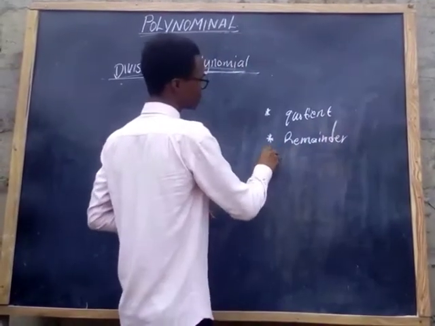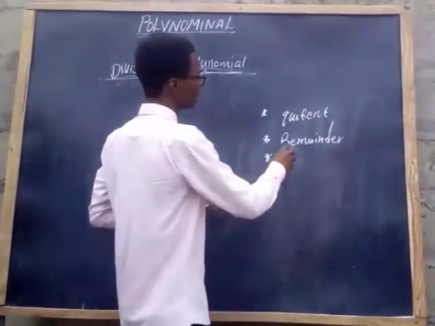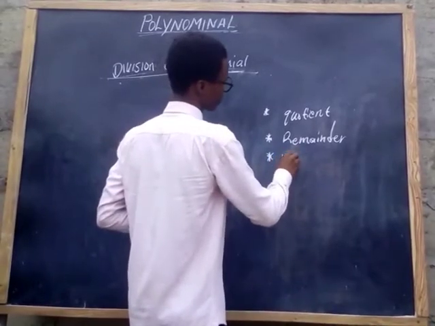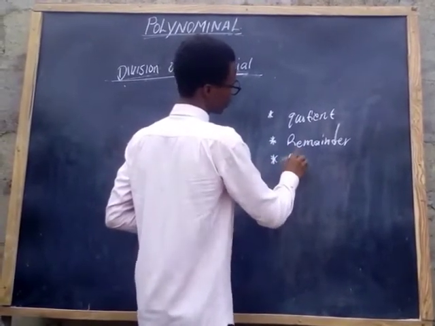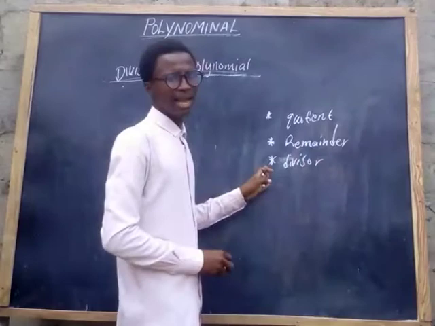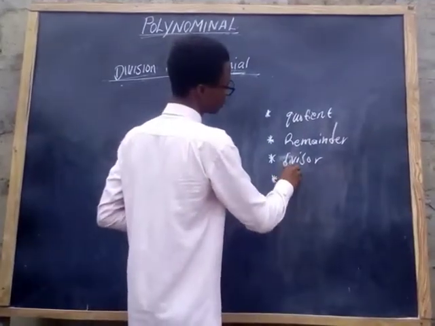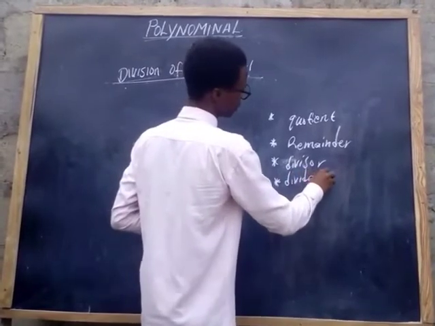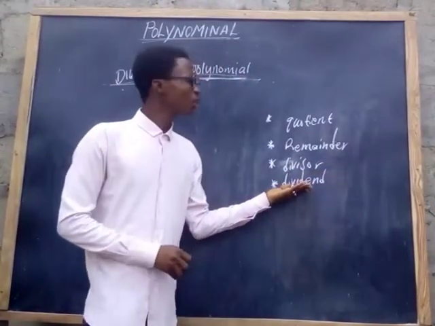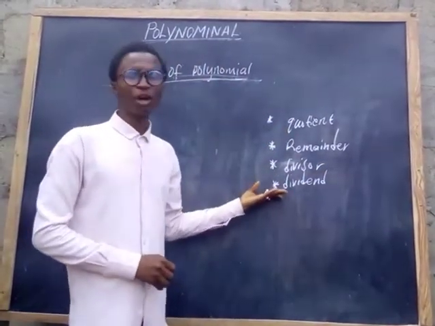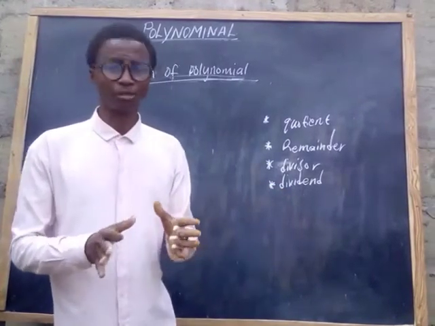The third one, the divisor. And the fourth one, the dividend. So these are the four terms that you must understand in using the long division method.